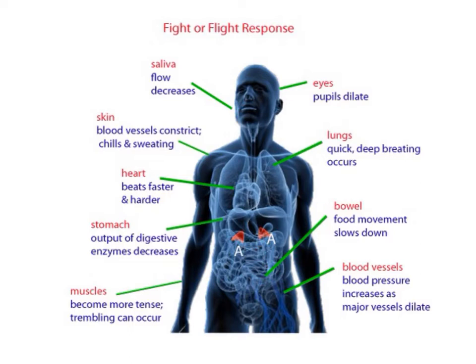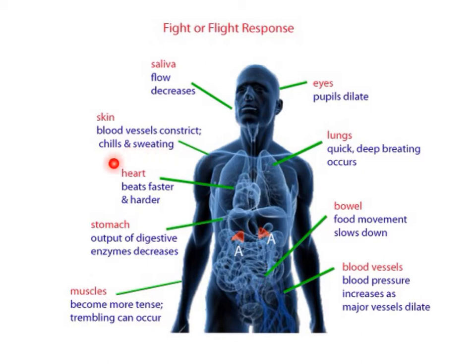Other features: you get a quickening of breathing rate, presumably to increase oxygen uptake from the atmosphere, so that you can transport more oxygen to skeletal muscle. Pupils dilate, you become more mentally alert. You have slower movement of food through the bowel.